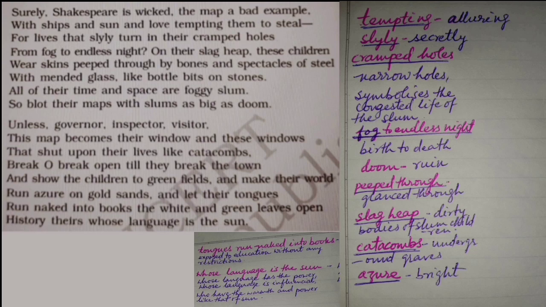"So blot their maps with slums as big as doom." The poet says this line has two interpretations. One is that the poet wants their maps, it means the world or the life of the rich and the powerful people, to be blemished, to be tarnished with slums as big as doom, as big as ruin.